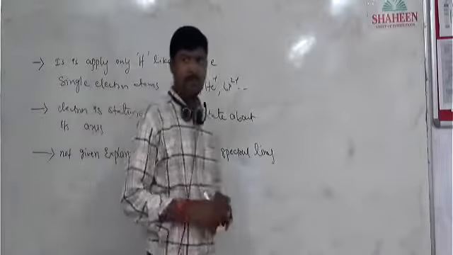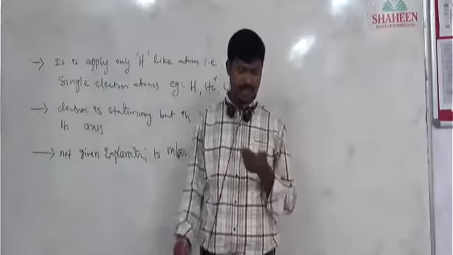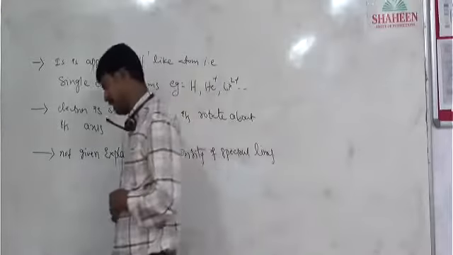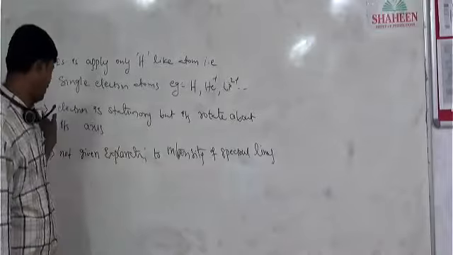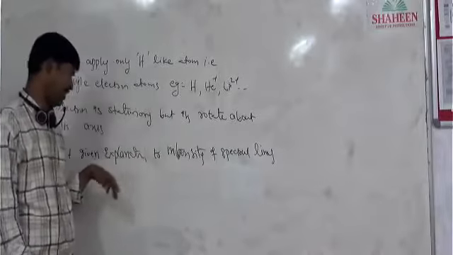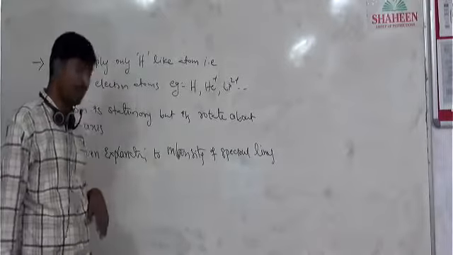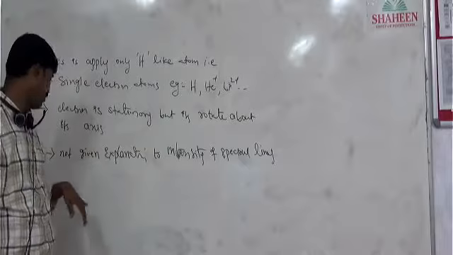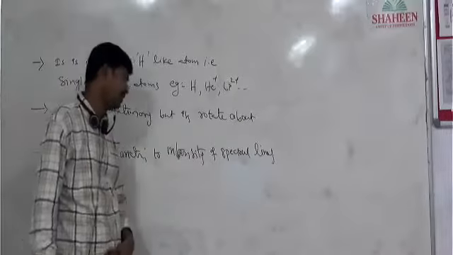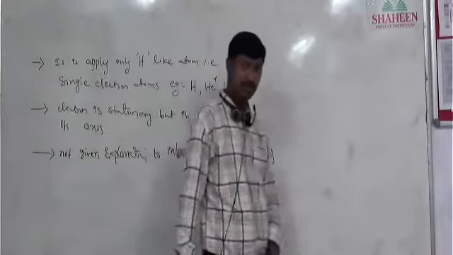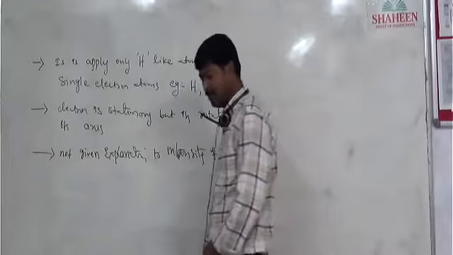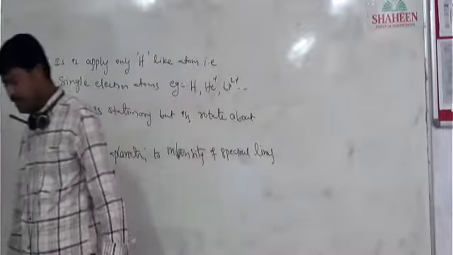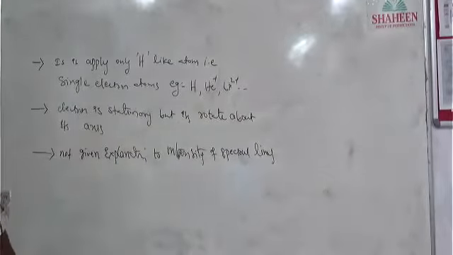Clear? So it is applicable only for hydrogen like atoms, like single electron atoms, and he said that the electron is stationary, but it rotates about its own axis. Not only does it revolve around the nucleus, it also rotates about its own axis. No explanation was given for the intensity of spectral lines. Clear? So these are mainly the drawbacks. Some others are also there, but mainly this much only. Okay.